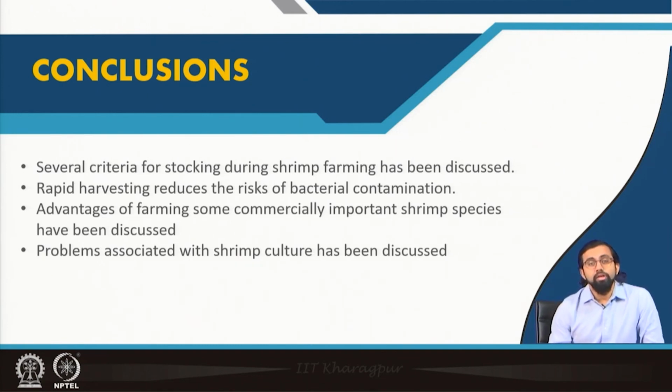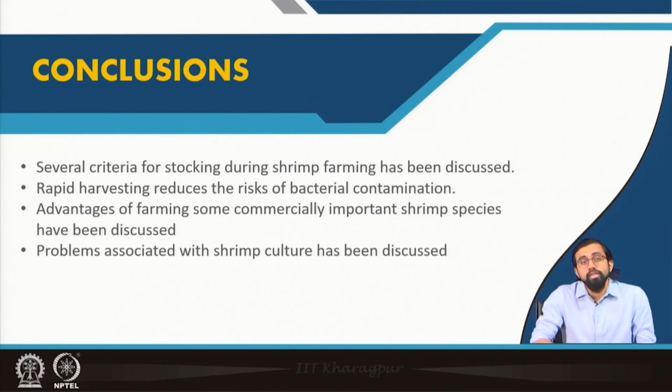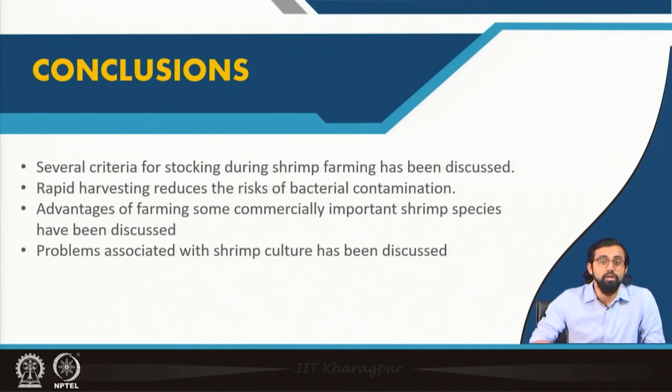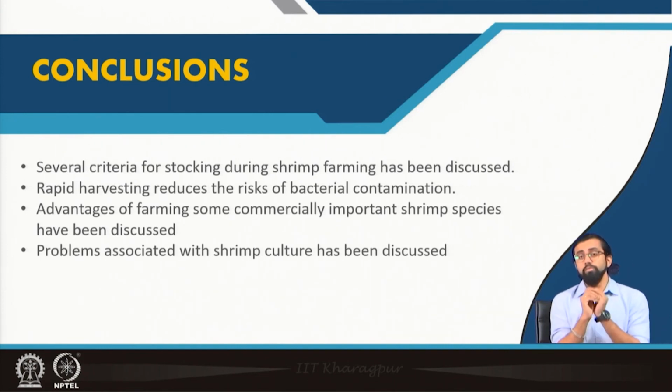In conclusion, we discussed several criteria for stocking during shrimp farming. We discussed rapid harvesting and how it can reduce the risks of bacterial contamination. The advantages of farming some commercially important shrimp species were discussed, and the possible outcomes of culturing them.